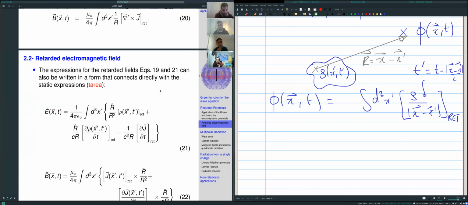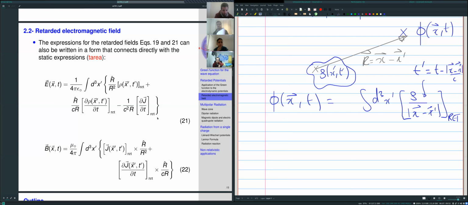And you can, and this is tedious, it's done in Jackson, write down the final expressions for the electric and the magnetic field. So even though the electric potential and the vector potential have got simple expressions, the expressions for the electromagnetic fields are a lot worse.